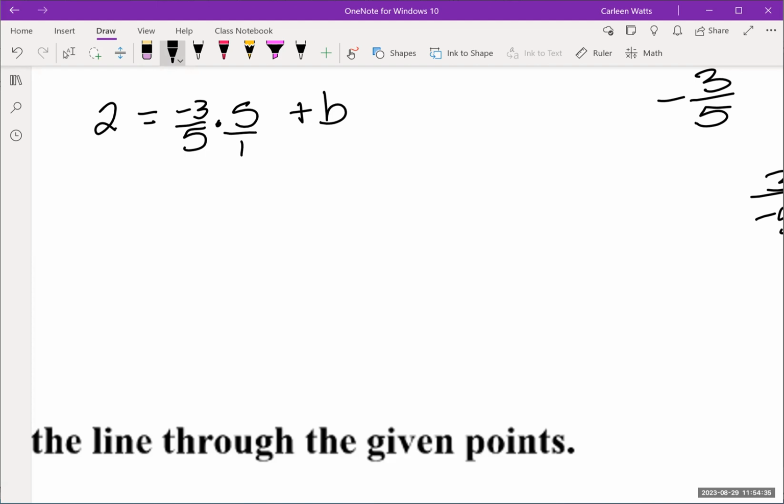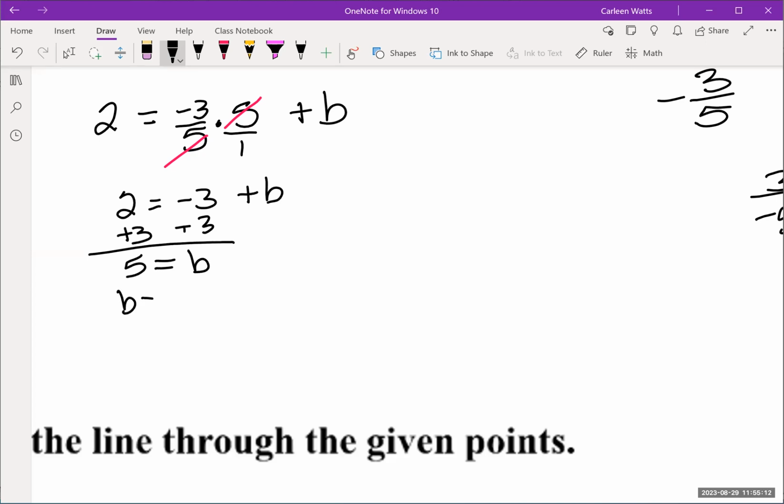Okay, focus on this. What do I do if I have a 5 on the top multiplied by a fraction with a 5 on the bottom? Cancel out. Solve for b. b is 5.